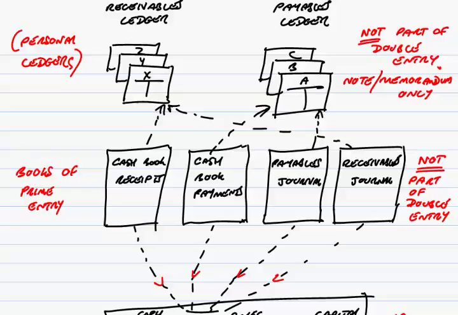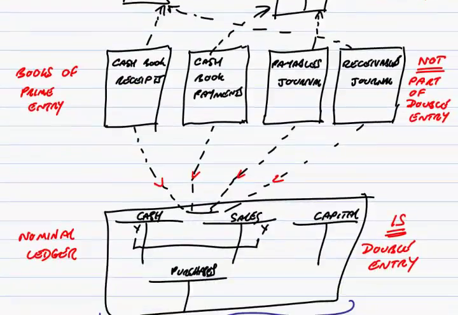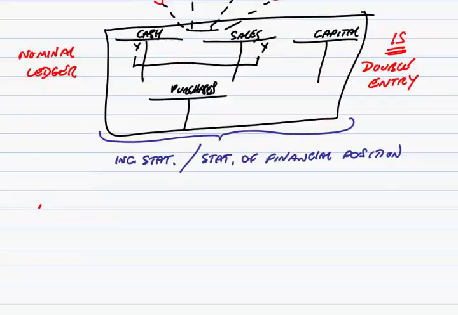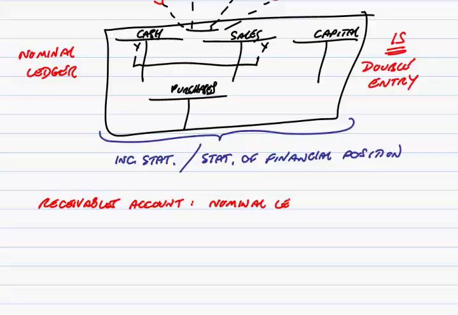be very confusing. In the nominal ledger, we've got a receivables account. In fact, I'll write this down. You have a receivables account that's in the nominal ledger, and it shows total receivables.